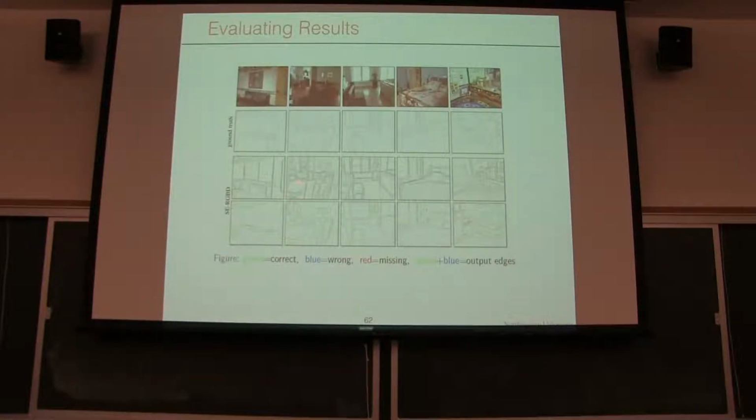And so here are the scores. Then over here, the same edges have been painted depending on whether they agree with the ground truth, did not agree with the ground truth, or were missing. Green is correct, blue is wrong, red is missing. So green plus blue is really what the edge detector output. The red ones did not make the cut.